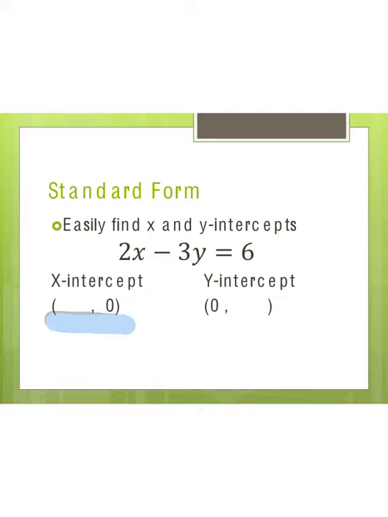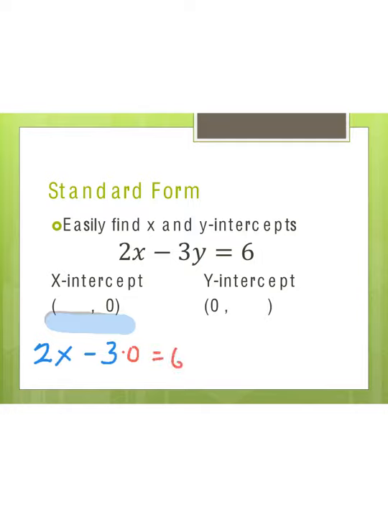And you can easily do this in your head. You don't have to actually write it down. 2x minus 3 times, I'm going to replace the y with 0, and that is going to be equal to 6.